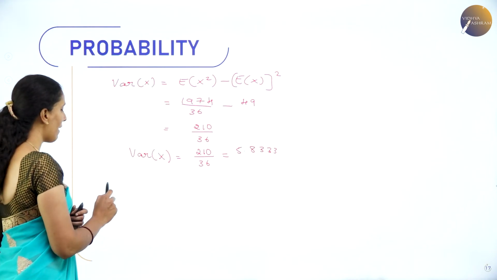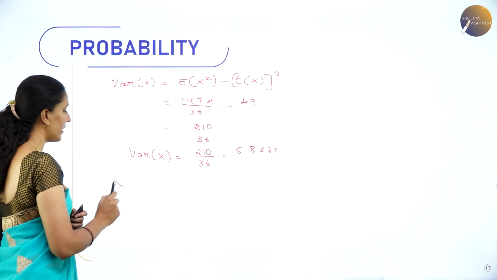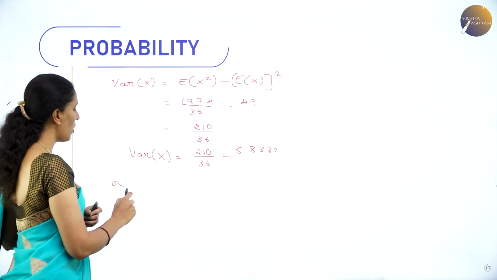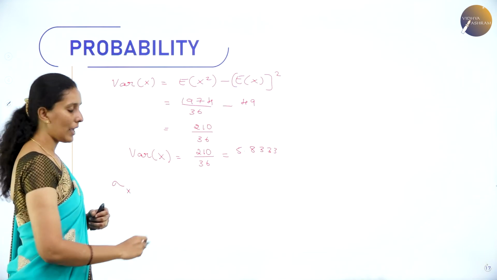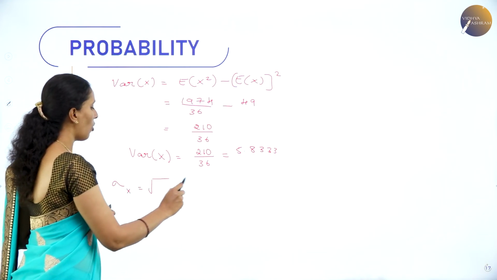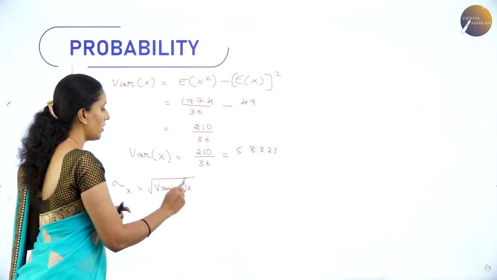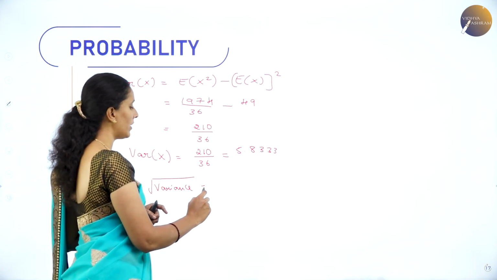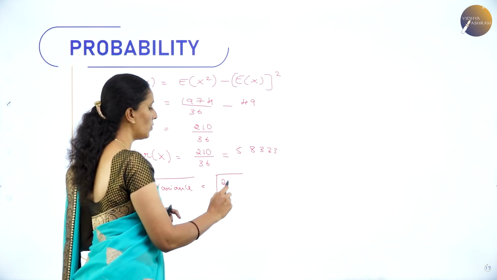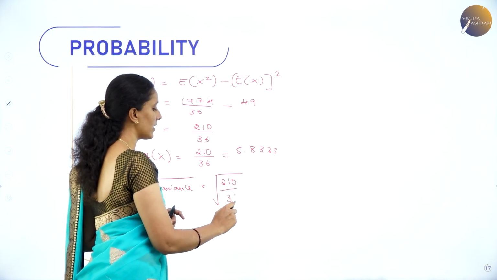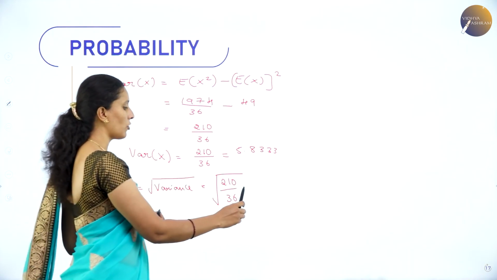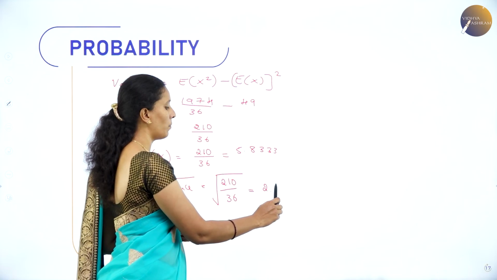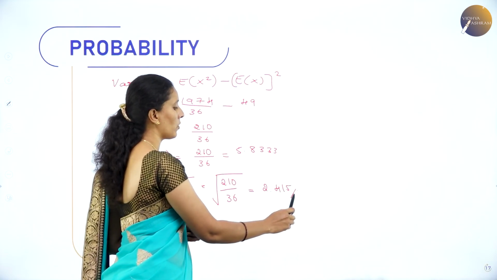Now, they have asked you to find the standard deviation. So standard deviation of a random variable x is nothing but the square root of the variance. This is our variance, so let us take the square root of 210 divided by 36. When you take the square root of this, you will get the value as 2.415 approximately.